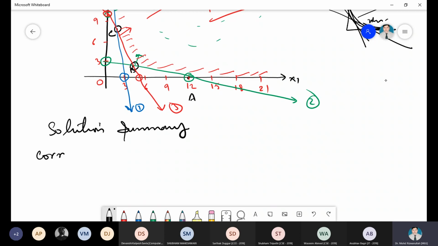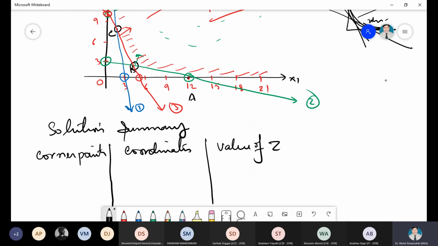Now come to the corner points, then coordinates, and then value of z. Value of z, and z is what? 20x1 plus 40x2. Fine.